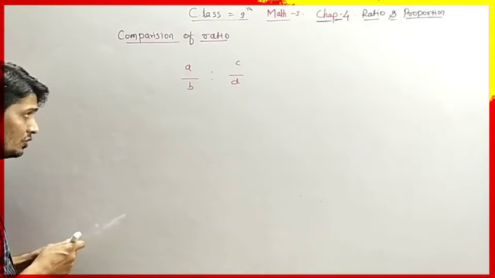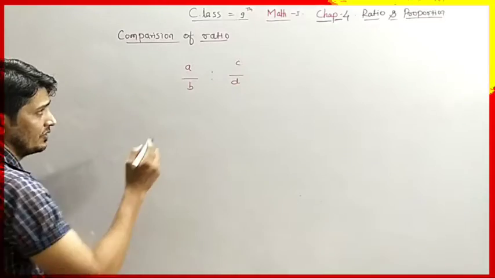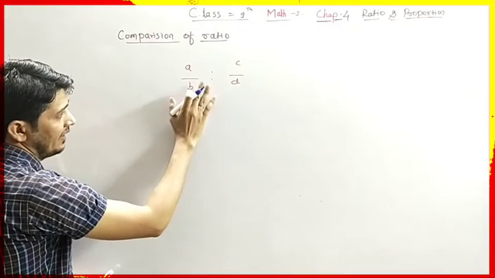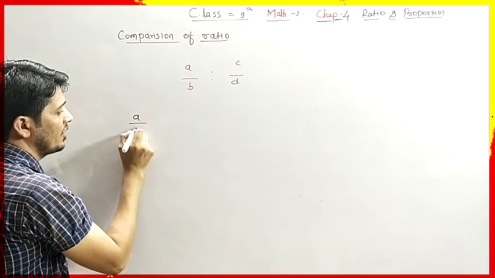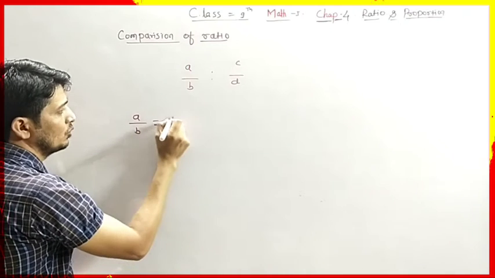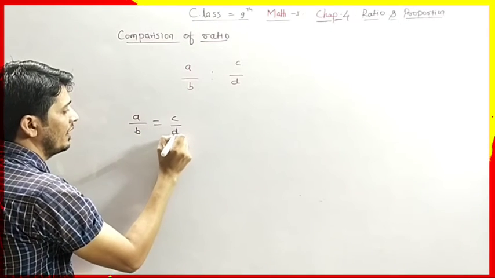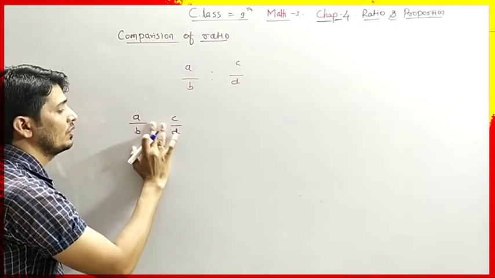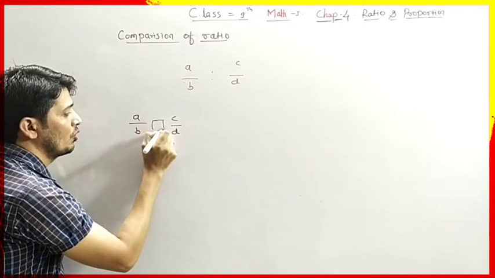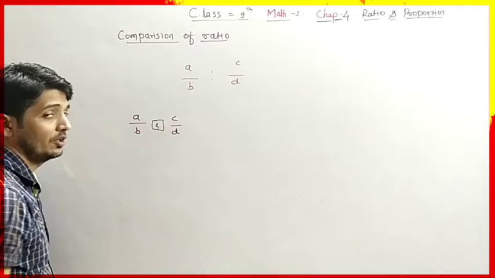So now we write A divided by B equals C divided by D, and in brackets we write a question mark, because we have only considered them equal.